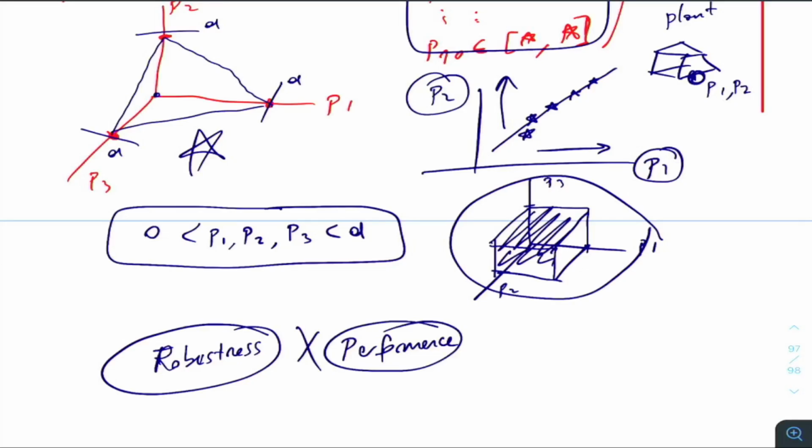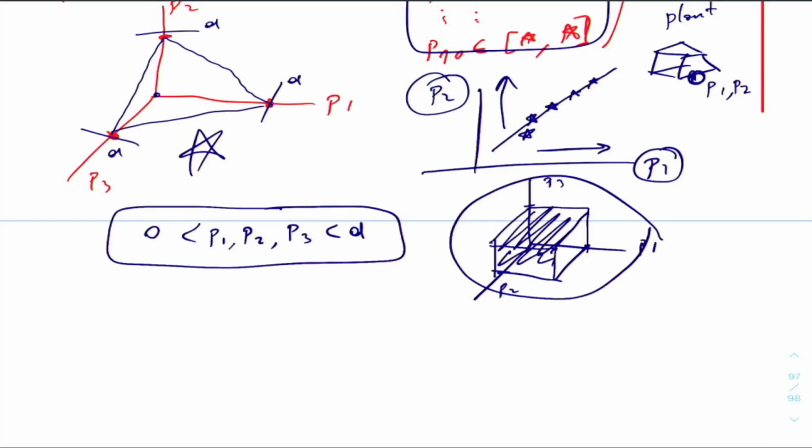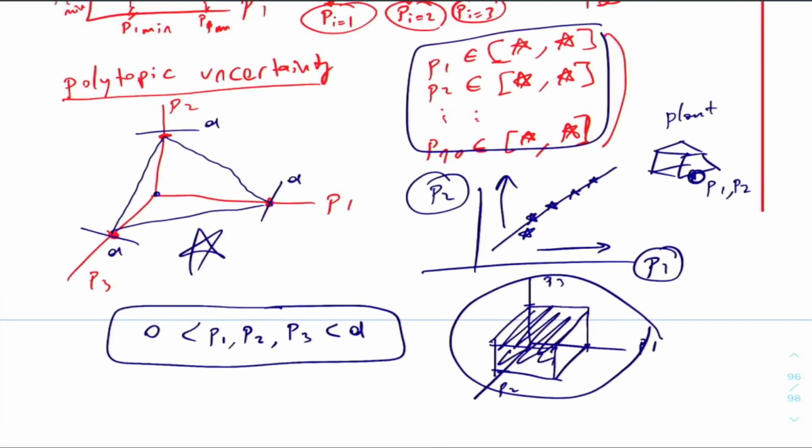It also depends on your application as well. Maybe robustness is very important at the moment, and there are some cases where it is not. Yeah, it depends on the application. Okay, that was a big tangent.